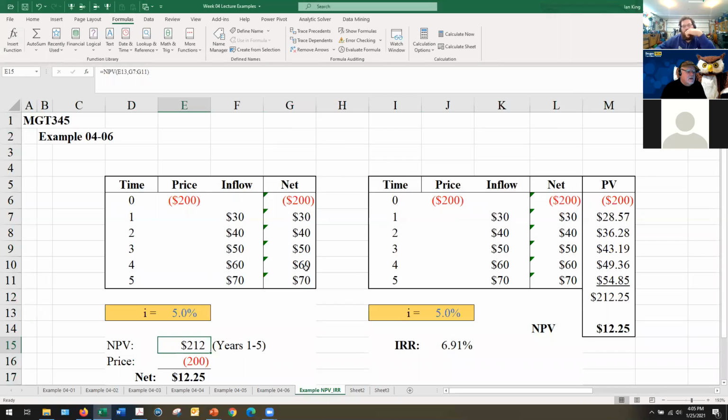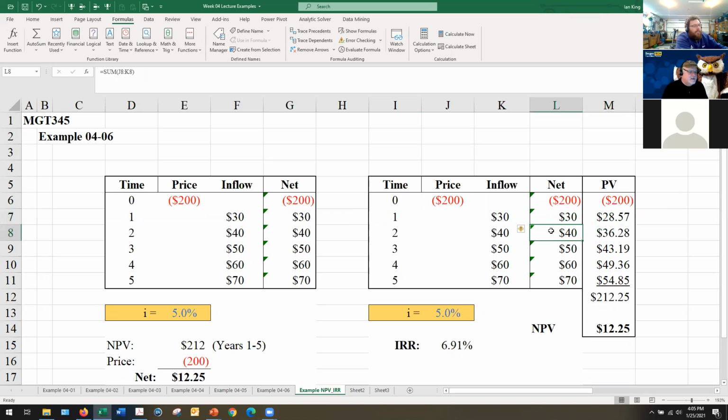Now then, what essentially you're doing the equivalent of, in one step, is what this is on the one to the right if you did it on individual calculations. This 12.25 is the same as saying, okay, taking this $30, discounting it 1 year at 5%, which is the equivalent of $28.57.